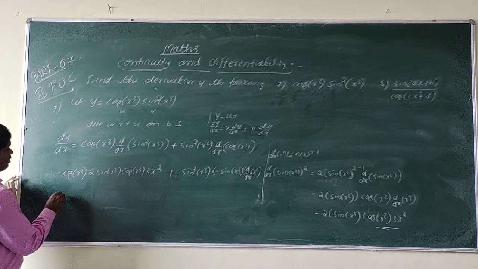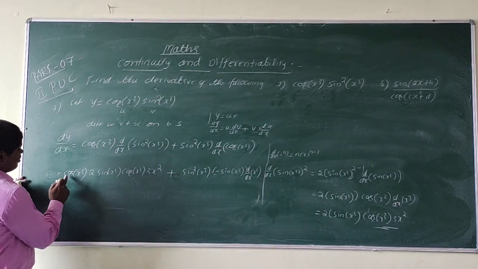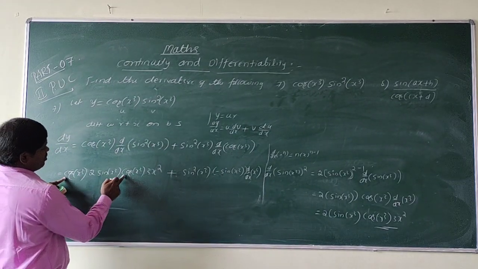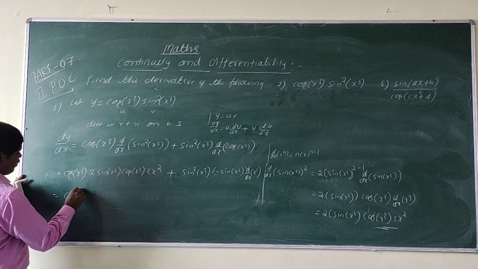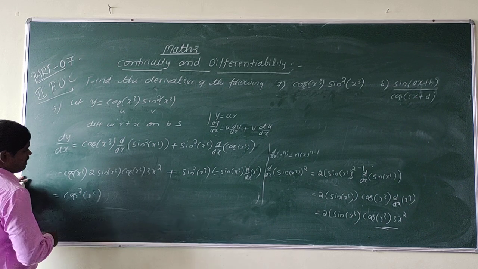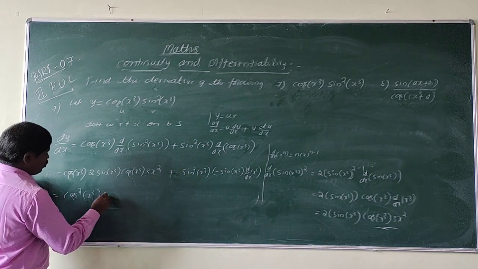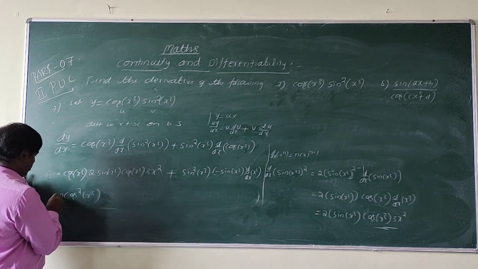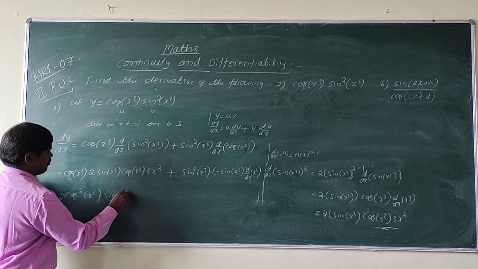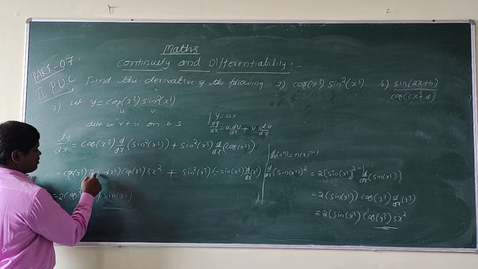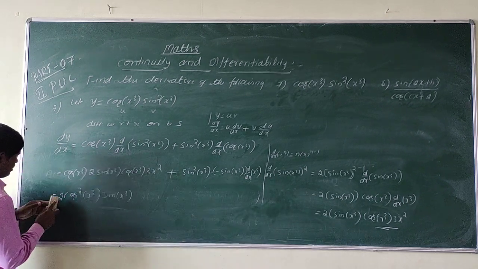So that is cos x cube, here cos x cube 2. So that is cos square x cube into 2 into cos x cube into sin x cube. Suppose 2 into 2, that is 6.